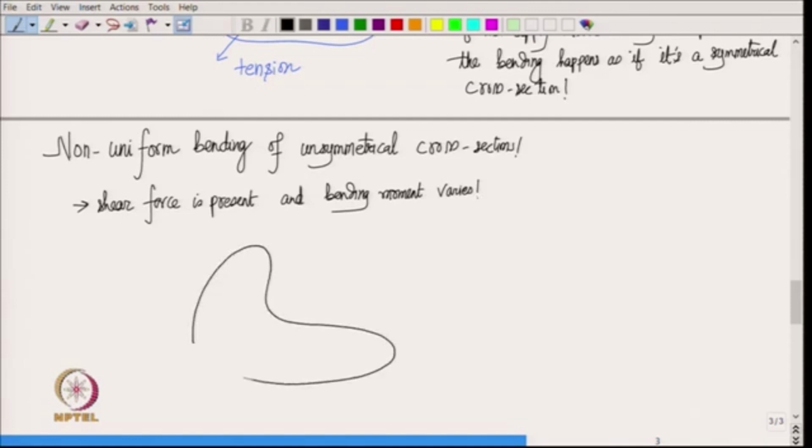So, that is the cross section, and supposing that this is the neutral axis, and then we go a distance y prime from the neutral axis and look at this line.